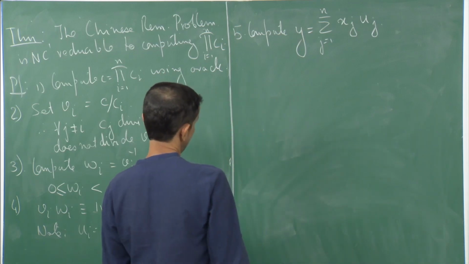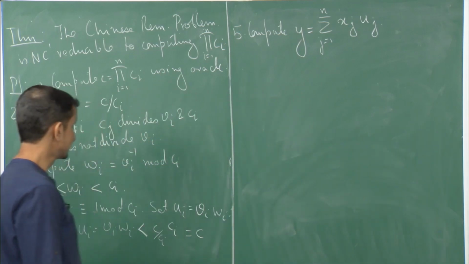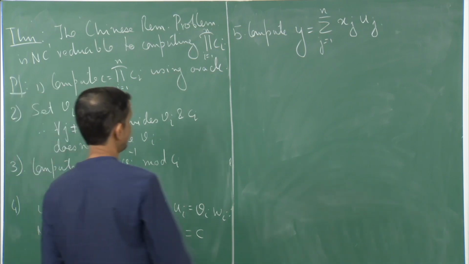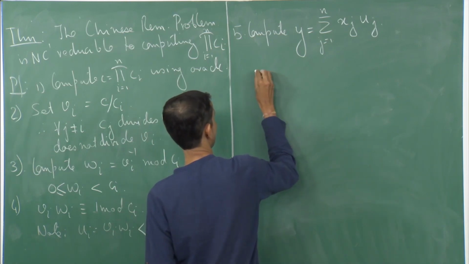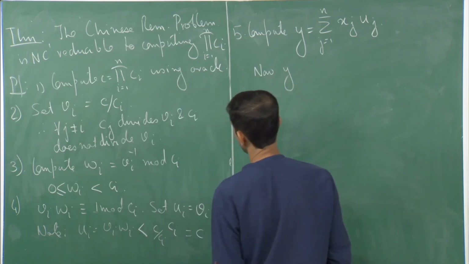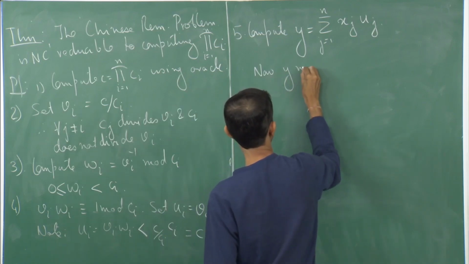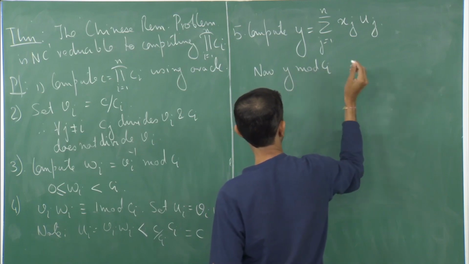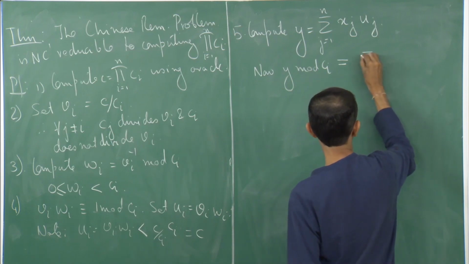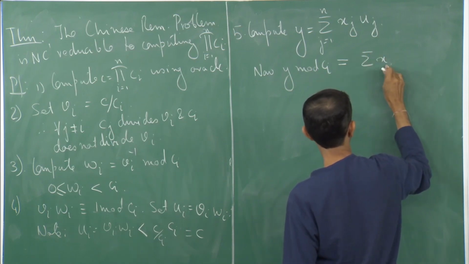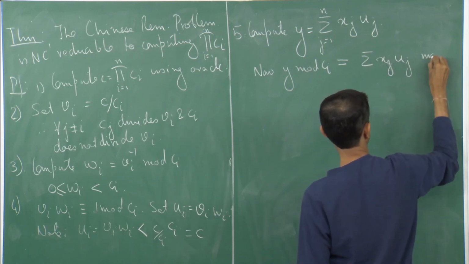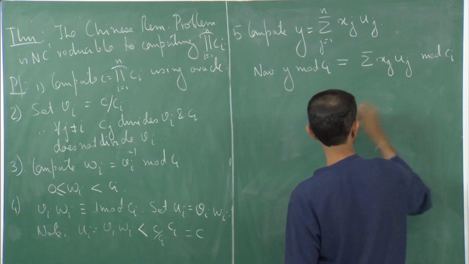Okay. So what can we say about Y over here? Now Y mod Ci is equal to sigma xj uj mod Ci.